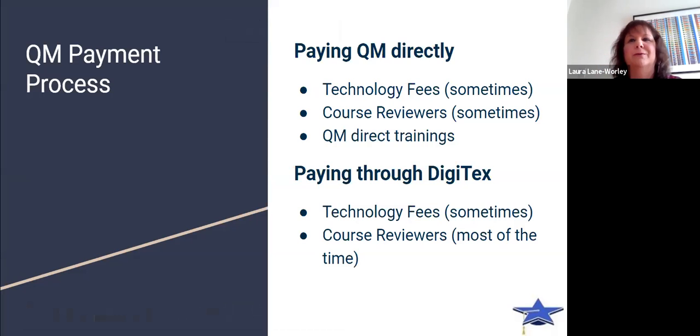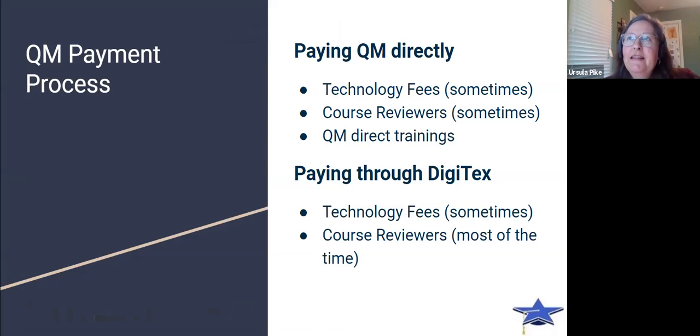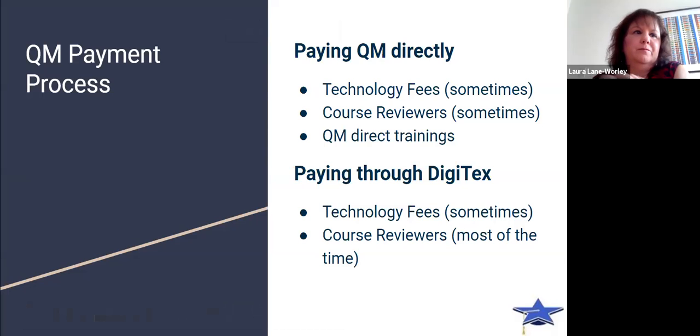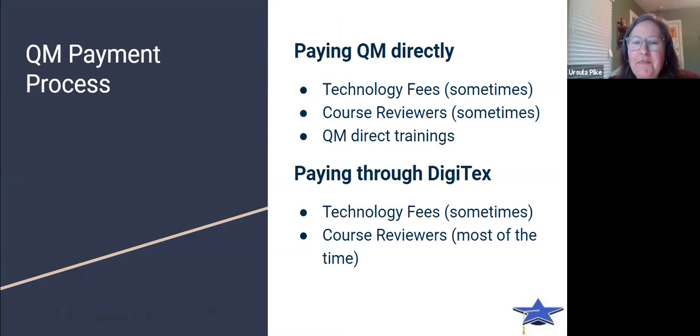At this point, you don't know. Yeah, for right now, my understanding is that just the APP QMR and the Improving Your Online course are the only two where the payment, both the technology fee and the payment to the facilitator, would be through Digitex.